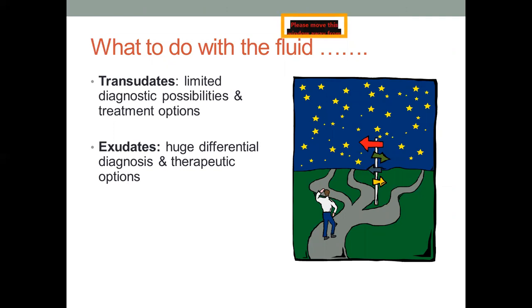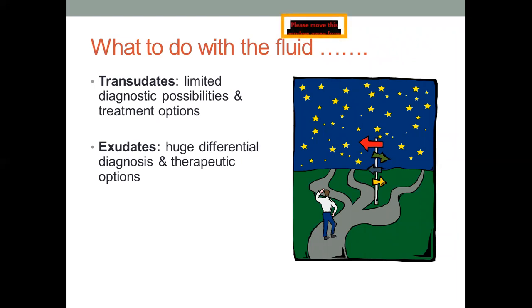So if the fluid is transudate, clear fluid, then we will look into the systemic causes like heart failure, kidney failure, or liver failure, or hypoalbuminemia will be the causes.